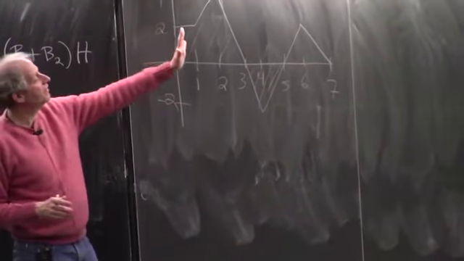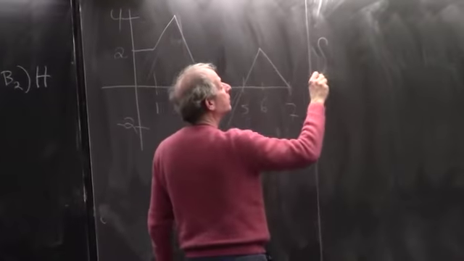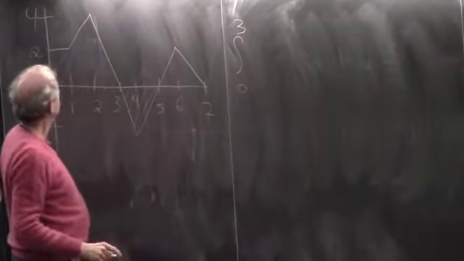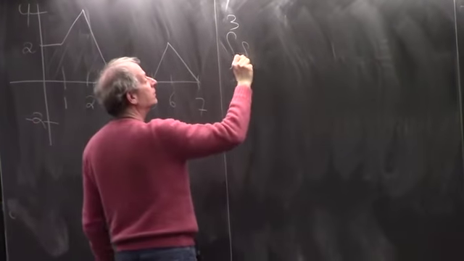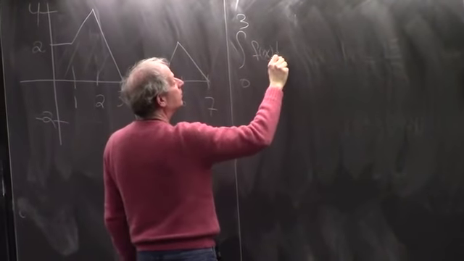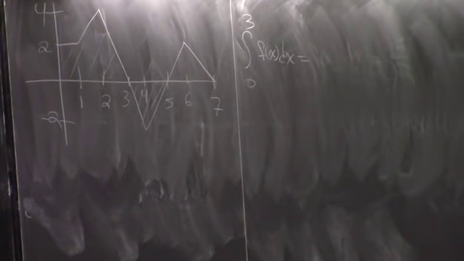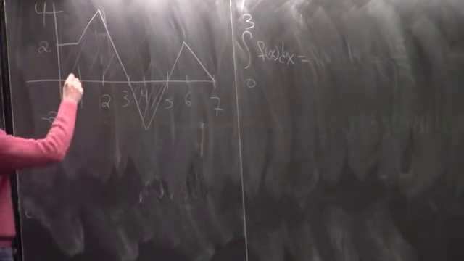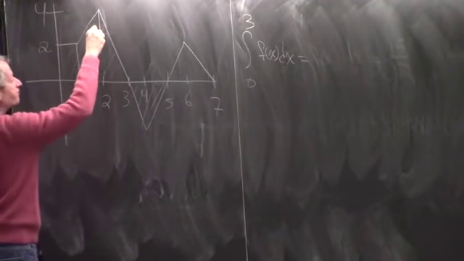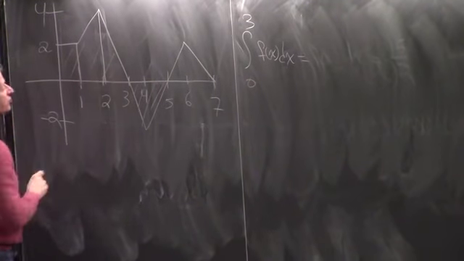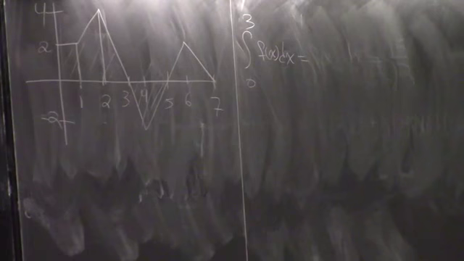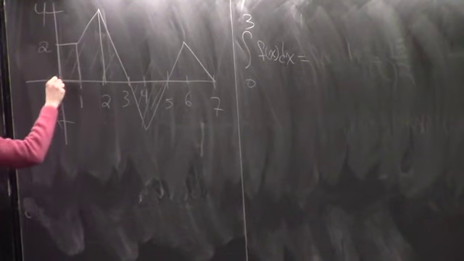So if I wanted to find the area from 0 to 3, so the integral of f of x dx, very soon we'll be learning what to do with that. Well, that would be the area of this rectangle, that trapezoid, and that triangle. So this is 1/2 1 times 2.